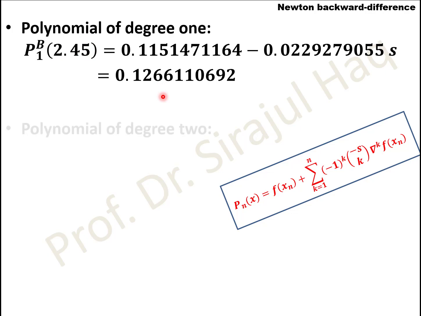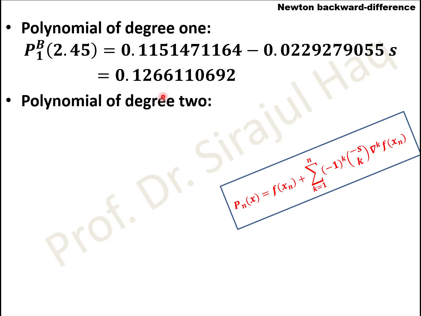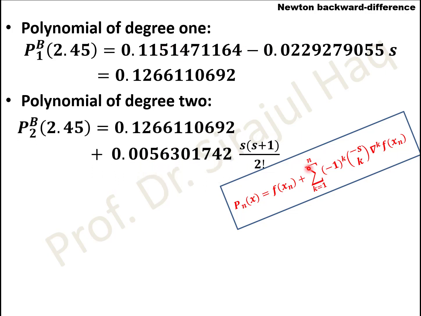So now let's go to the next polynomial. Polynomial of degree 2. This plus another term when I replace n by 2 in this summation. So I will have minus 1 raised to the power 2, which is plus. Minus s into minus is minus 1.